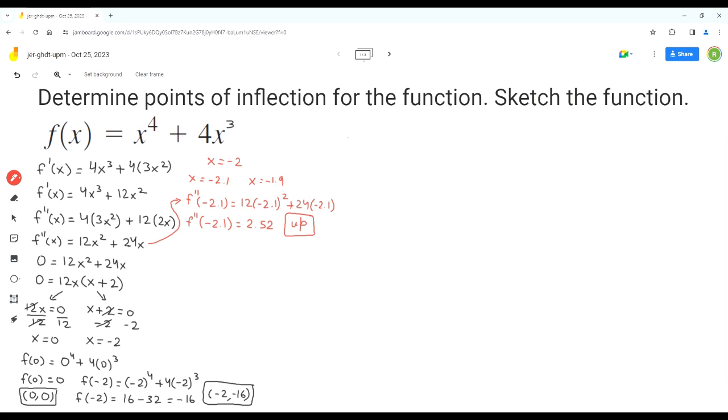Now we can do the analysis on the right side of negative 2. So now we can sub in x as negative 1.9. Now we can evaluate this expression.